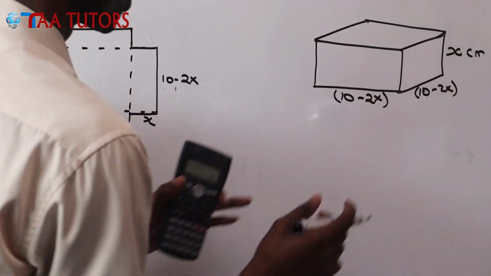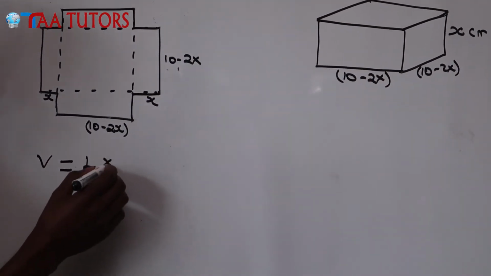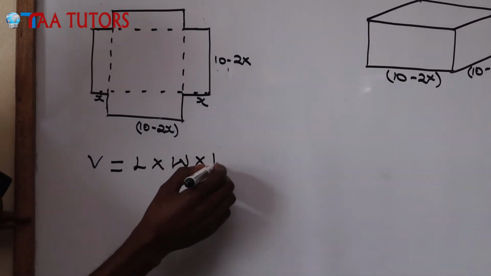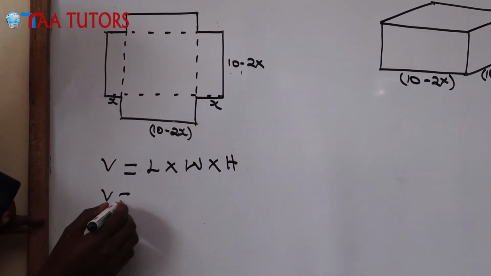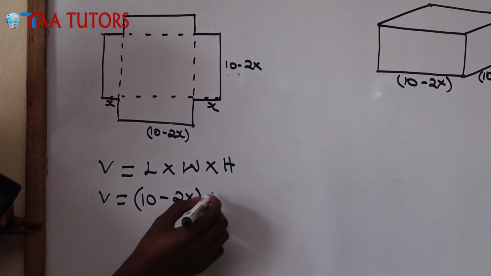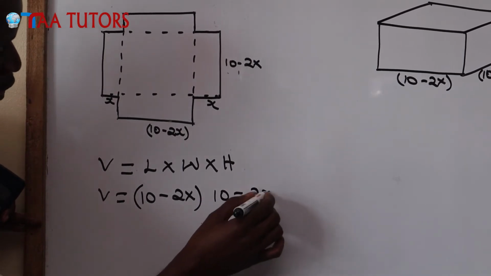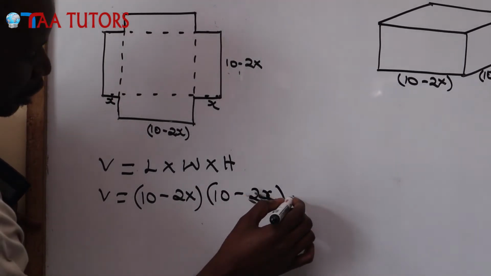And the volume of this box here is volume equals length times width times height. And the volume we have will be length, that is 10 minus 2x, times 10 minus 2x, times x.